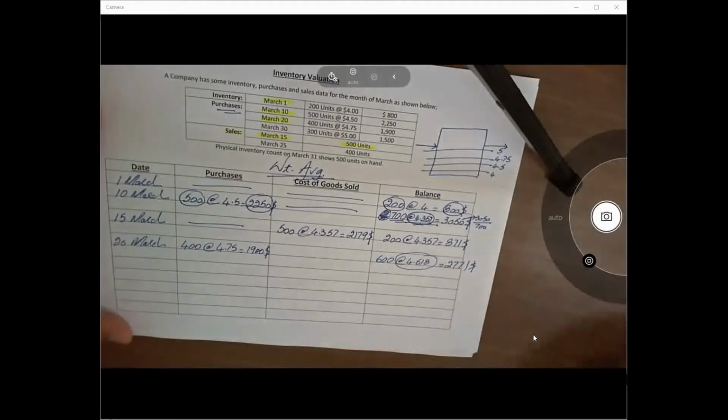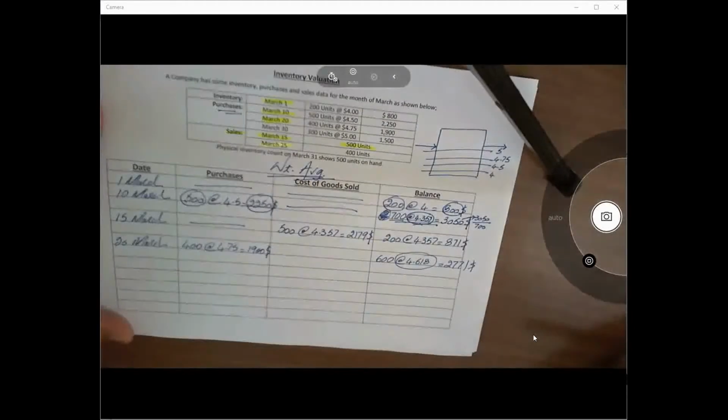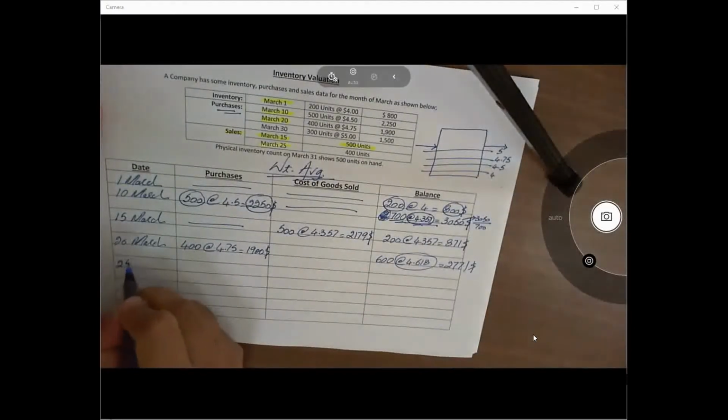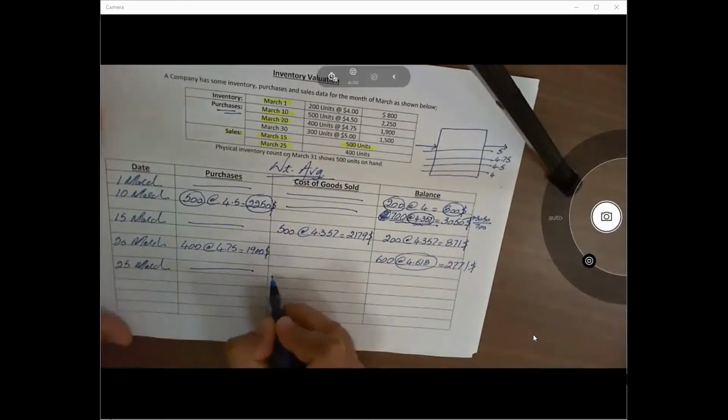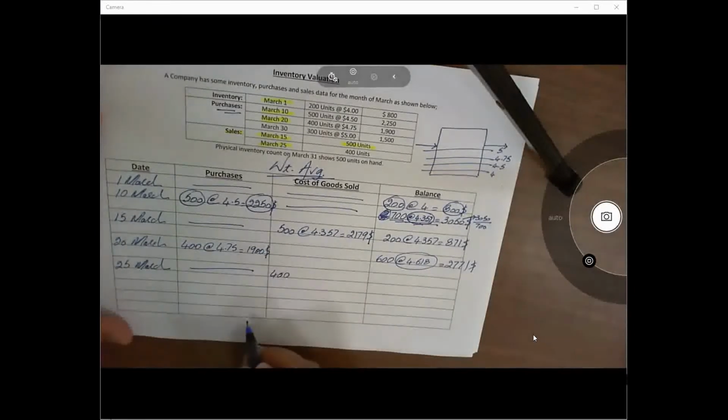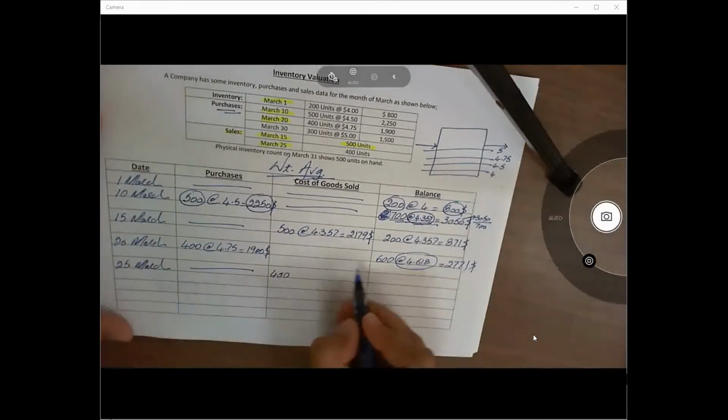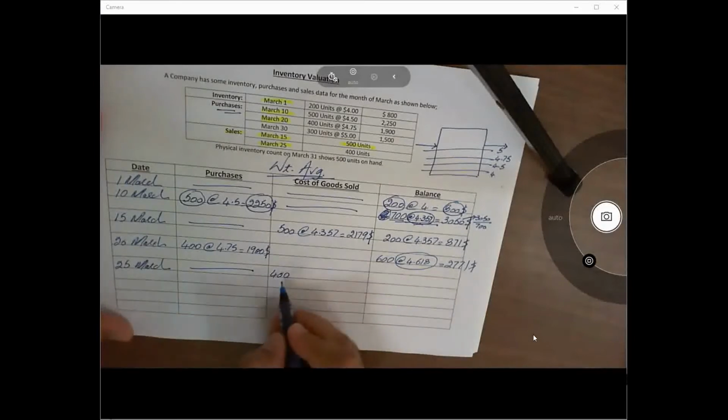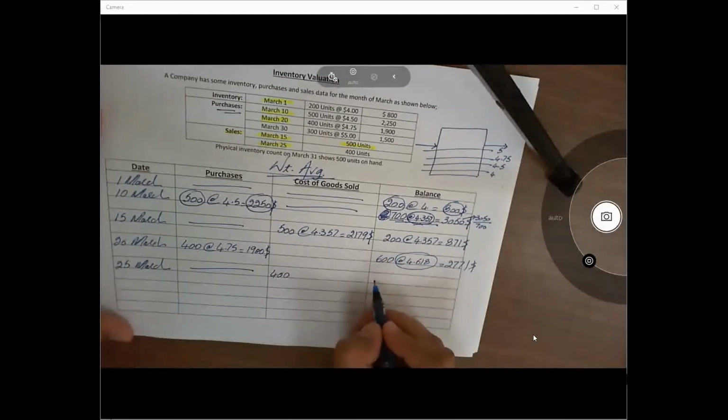Now after 20th of March, next is 25th of March. On 25th of March, what is happening? We are not purchasing. In fact, we are selling. How much? 400 units. So we are going to take 400 from these 600. When we take 400 from these 600, in the balance, it will leave 200. At what price are we going to sell them?